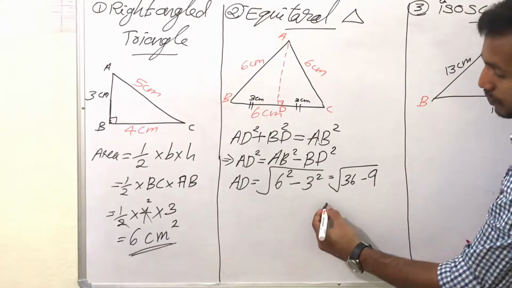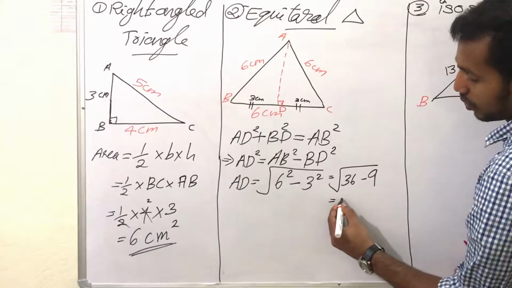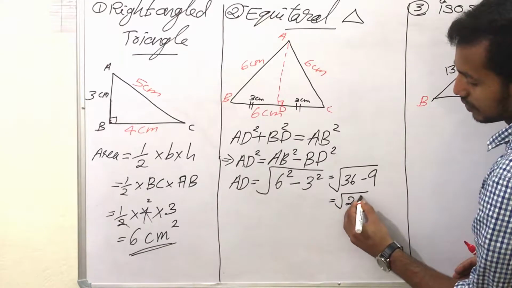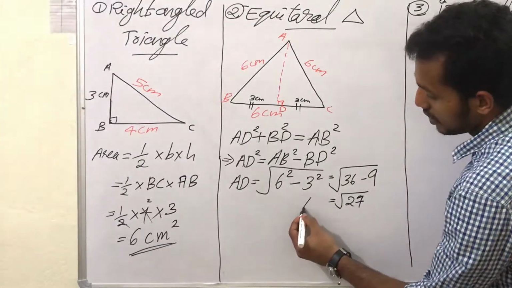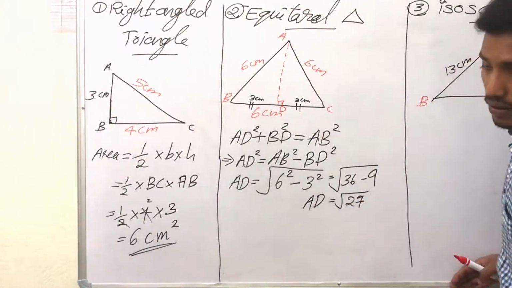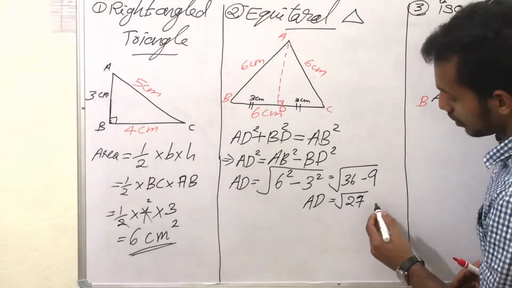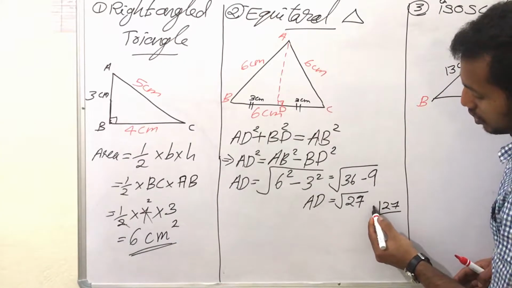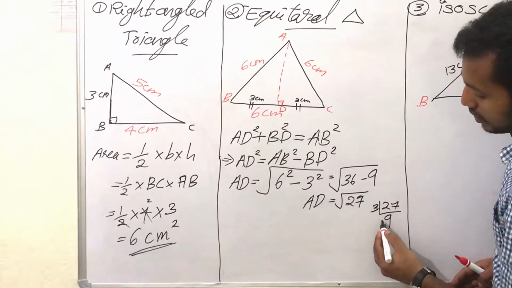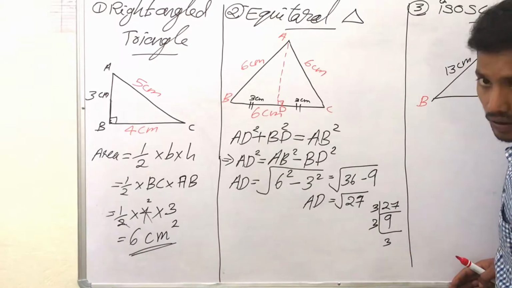which is equal to square root 27. Okay. So as AD is equal to root 27, factorize it. What do we get? 27 factorize: 3, 9, 3, 3.